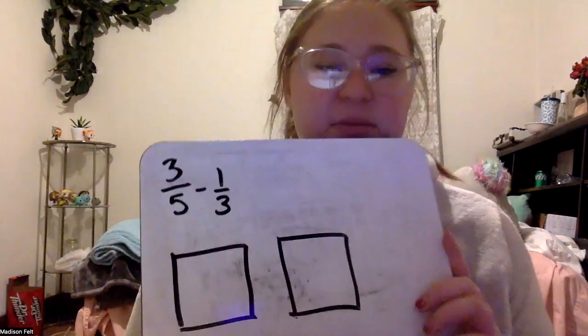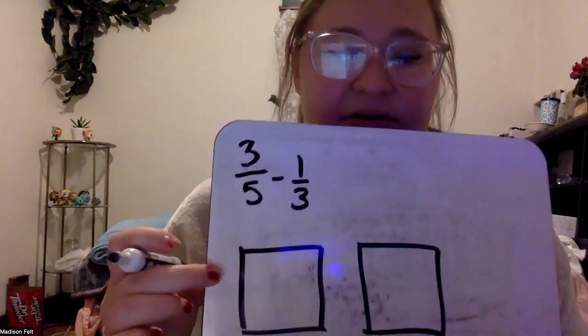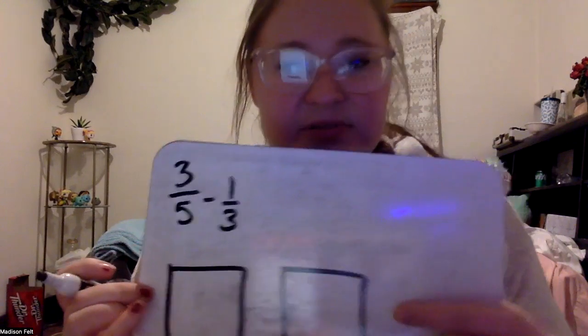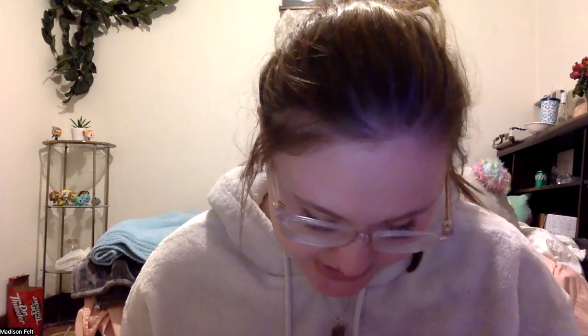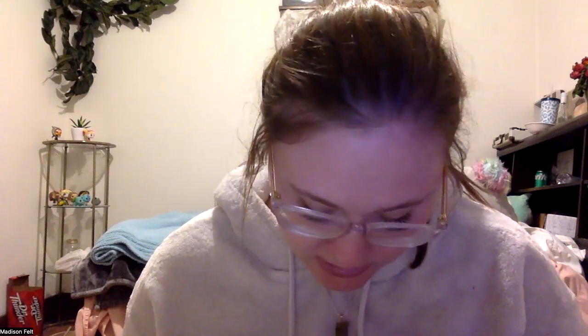So I drew my boxes, like so, there's my blank boxes. This one's going to represent 3/5, and this one's going to represent 1/3. So the first thing I do is partition my first box vertically into fifths.